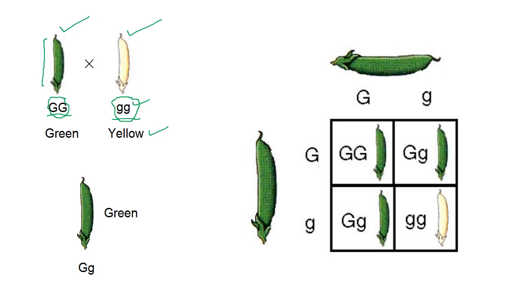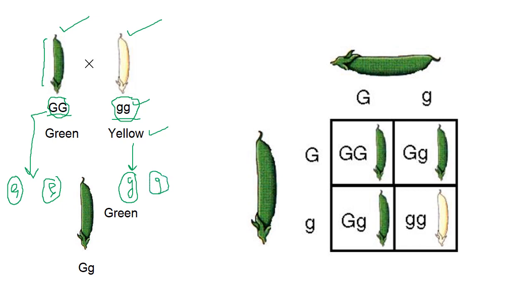The law of segregation states that during meiosis, these two alleles, capital G and capital G, will go into two different gametes. Similarly, in the yellow color pods, the small g alleles will go into two different gametes.